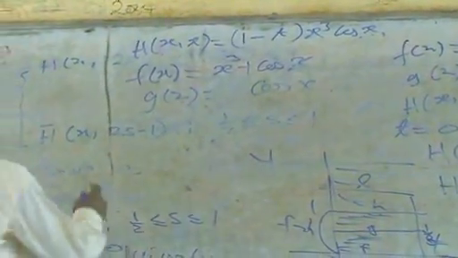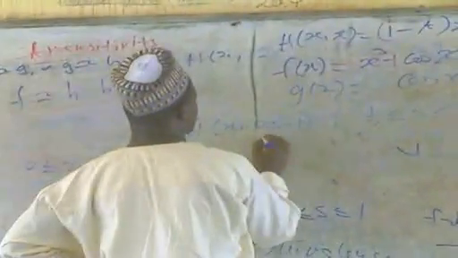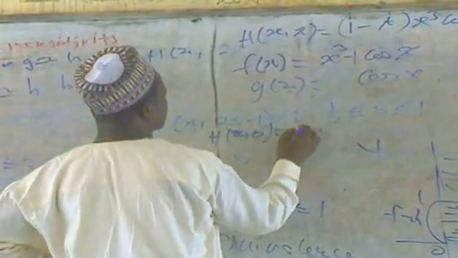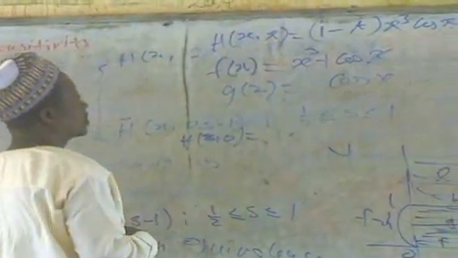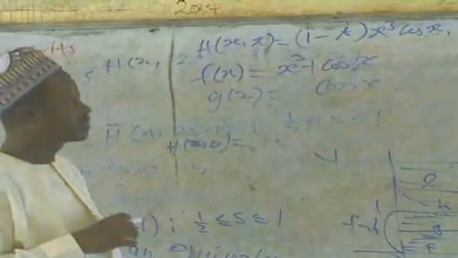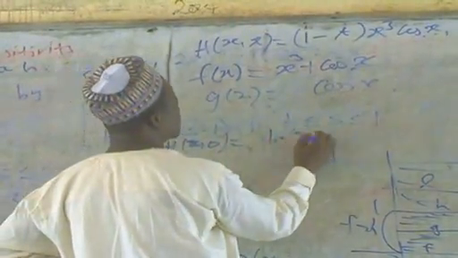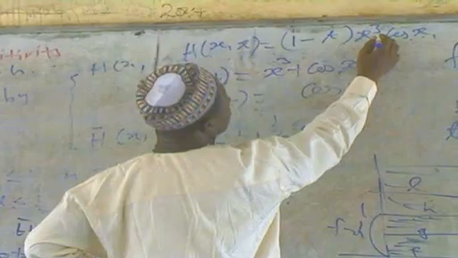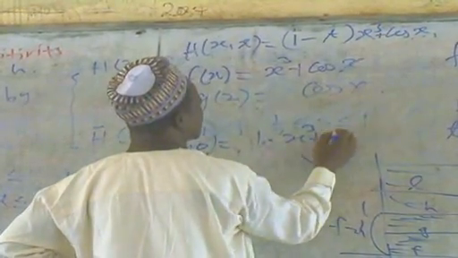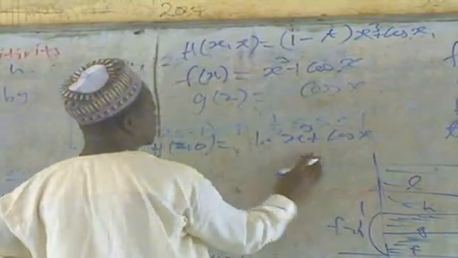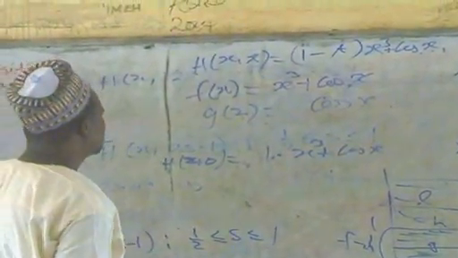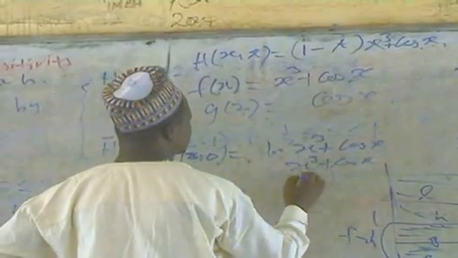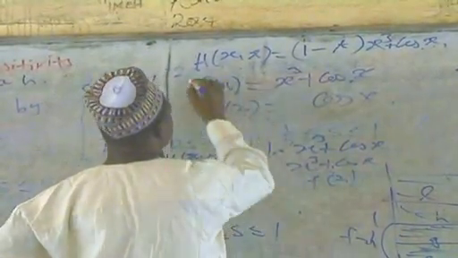So h of x, 0 will be 1 minus 0, that is 1, times x cubed plus cos x, which we define as f of x here too.